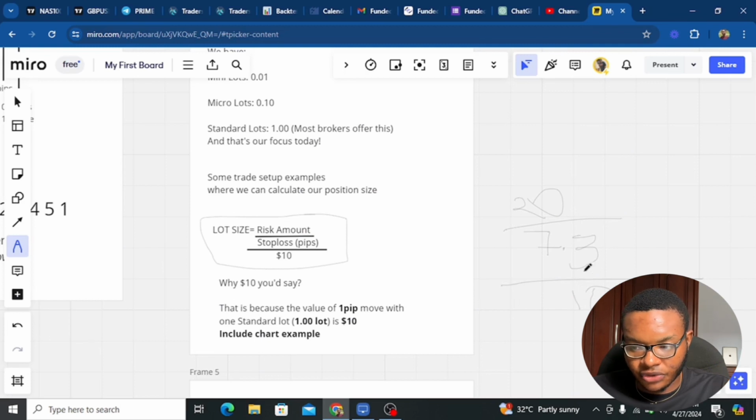Makes sense? Very simple. Now, you should have your calculator to do this because you want to be trading, you don't want to waste your time. I'm just going to grab my calculator and solve for that right now.